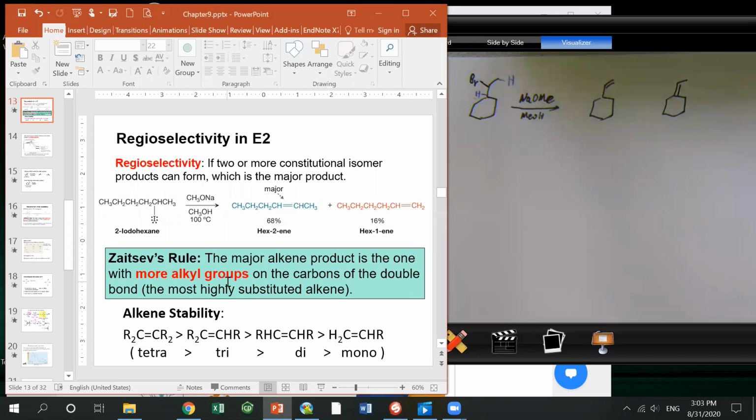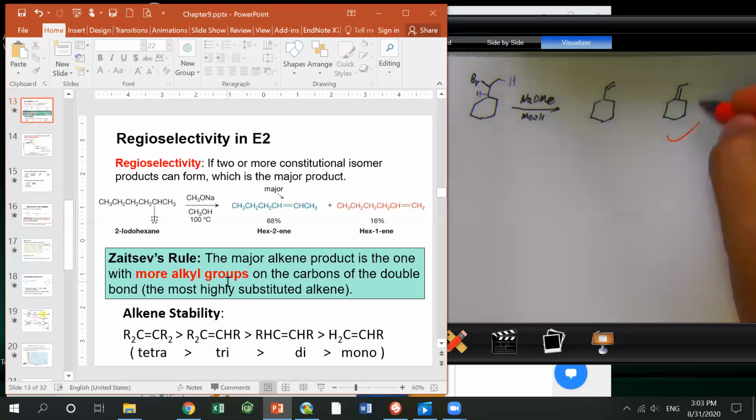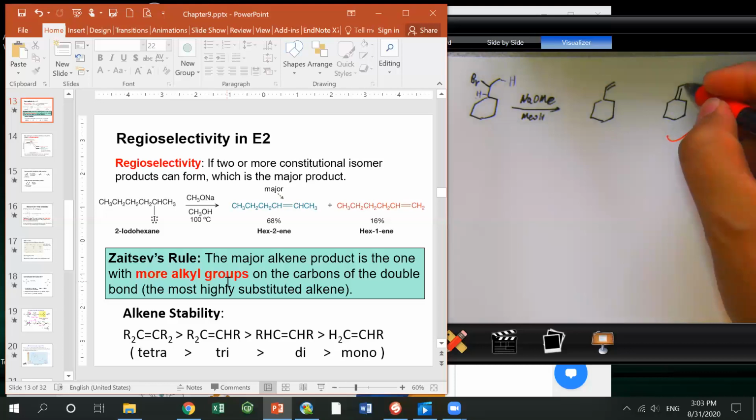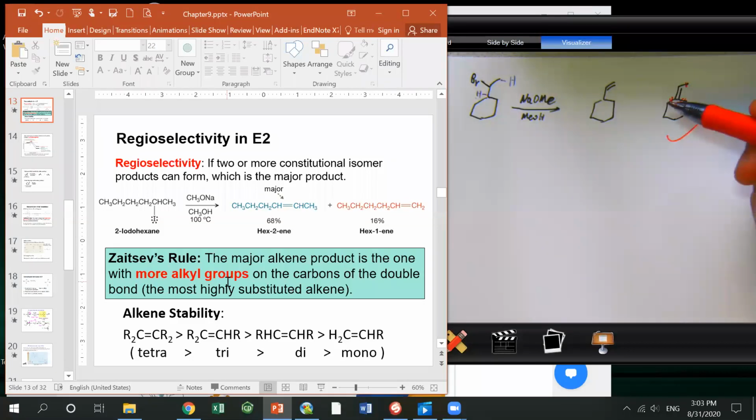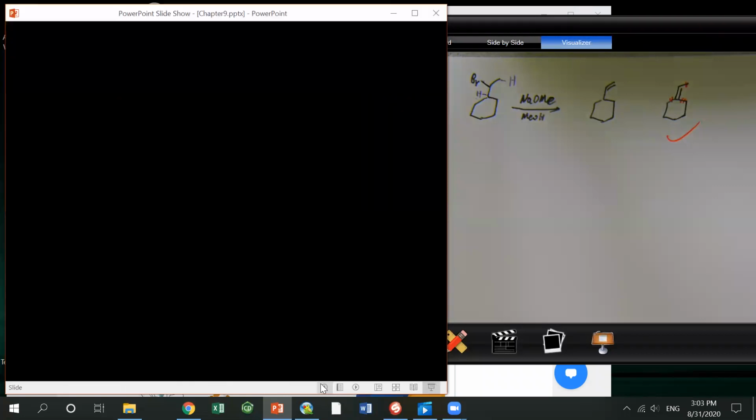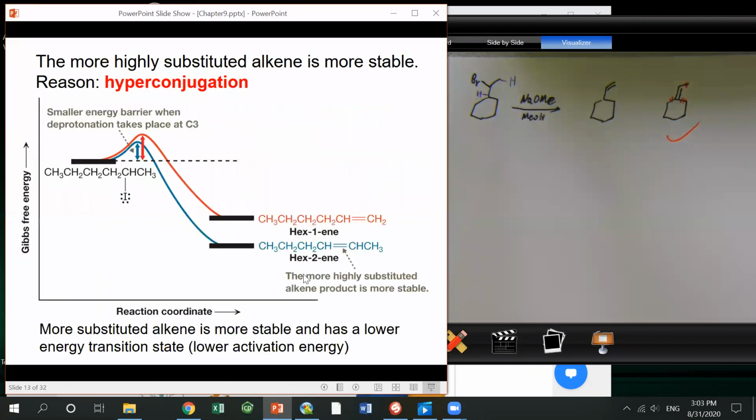In this case the more stable one is this one, because it has three alkyl groups, 1, 2, 3, and this one only has 1. So that's the most stable one. That's a little bit left over from last week.